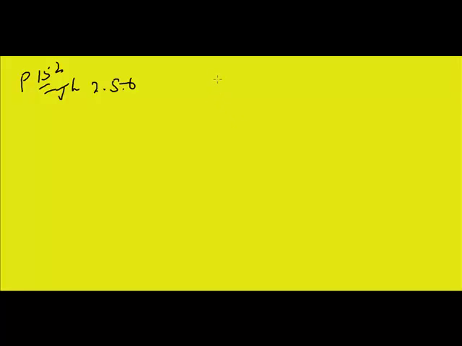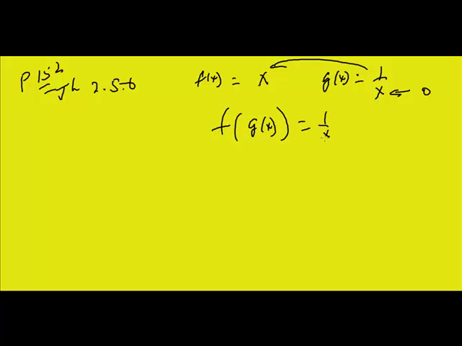We actually did a composite function problem for the final review, so let's just make one up. Let's say I have x for f of x, and let's say g of x is equal to 1 over x. Notice that is not continuous at 0. So if I find f of g of x, which means I plug g into f, I'm going to get 1 over x.